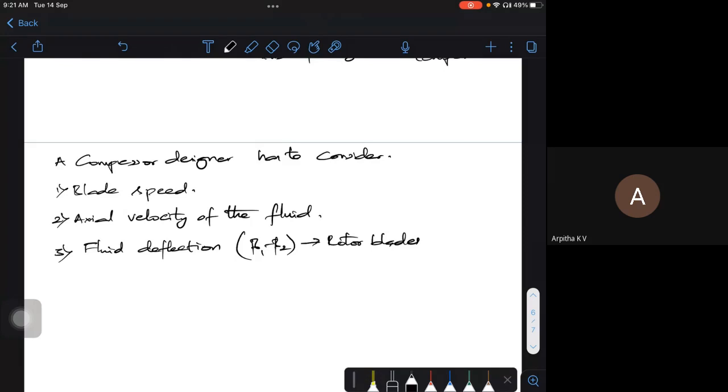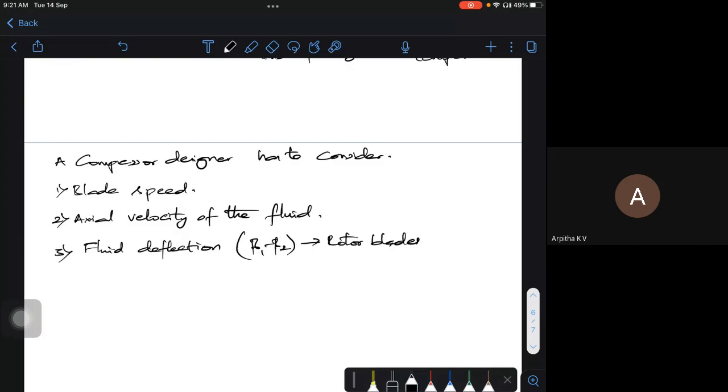Now, what will happen if my blade speed is on the higher side? If blade speed is very high, I will end up with an uncontrolled speed of rotation. That is, your n will increase like anything. So we should avoid high blade speed.